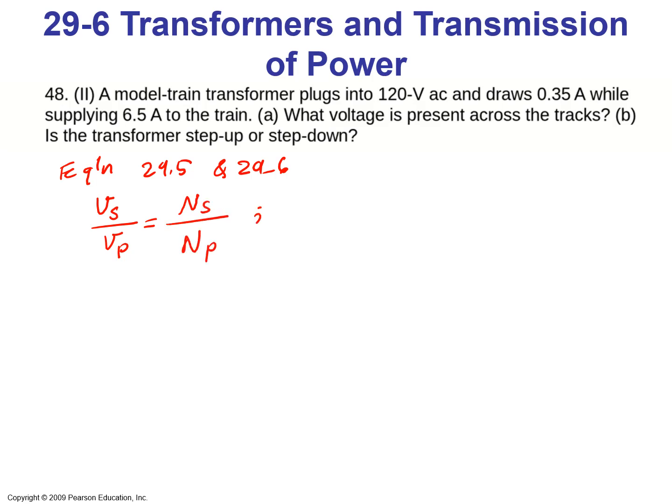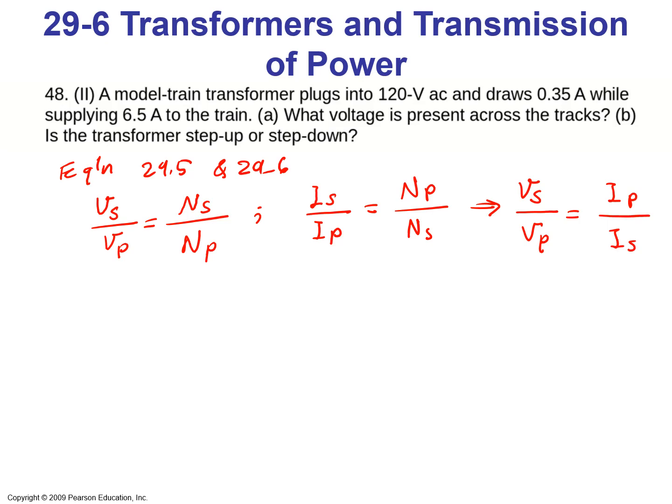And also the secondary current over the primary current is equal to the primary turns over secondary turns. Therefore, we can conclude Vs over Vp is equal to the current in the primary over the current in the secondary. And we can solve for the secondary voltage, Vs equals Vp times Ip over Is.